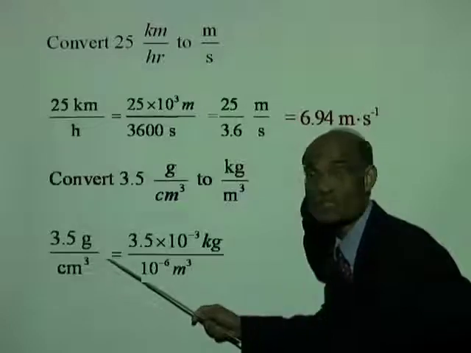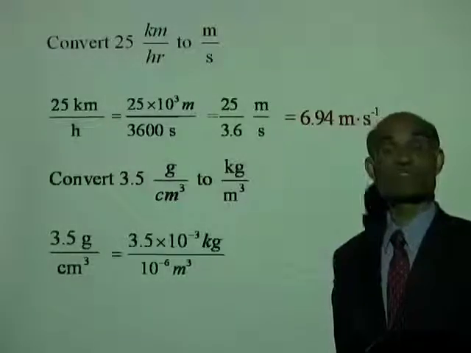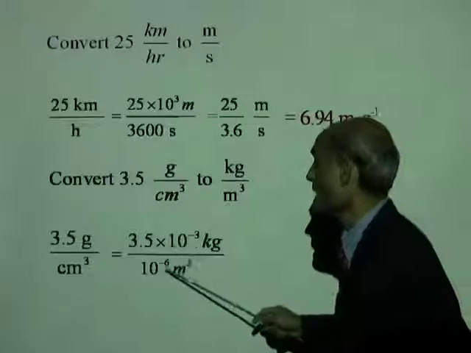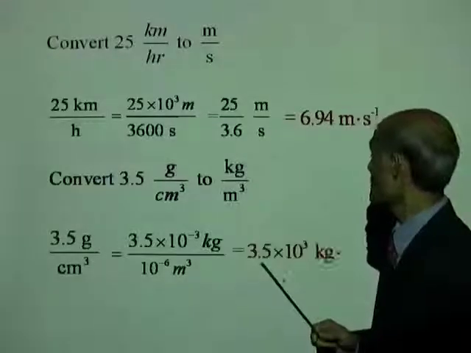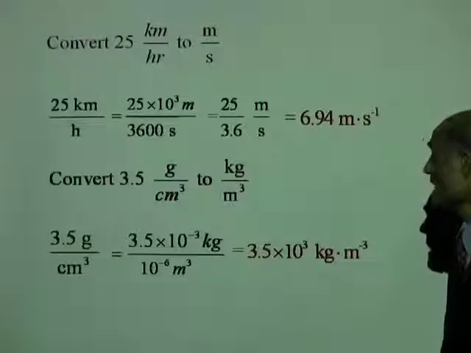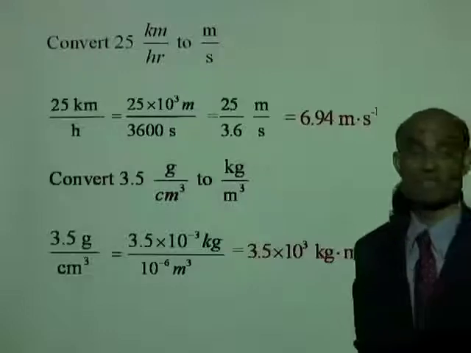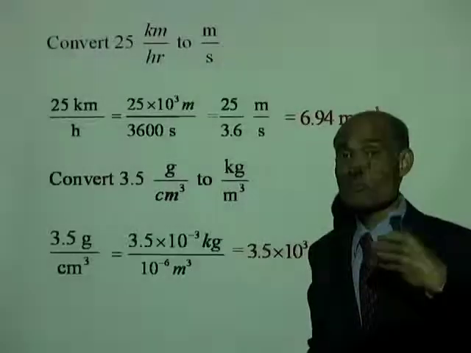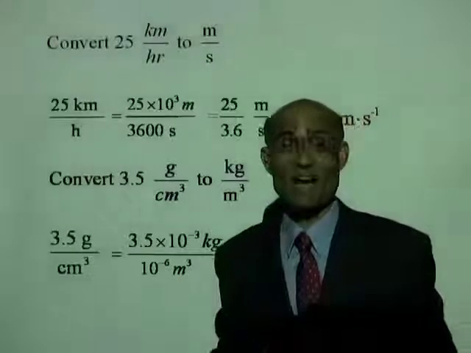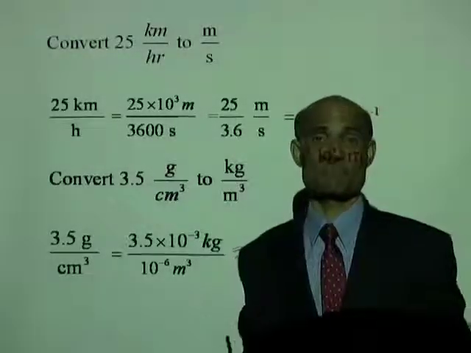And when you simplify this, what do you get? That will be 3.5 times 10 to the 3 kilogram per meter cube. So you must be well versed in the art of converting units like this.